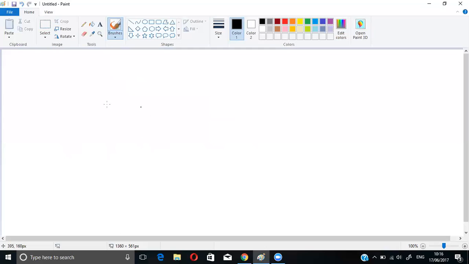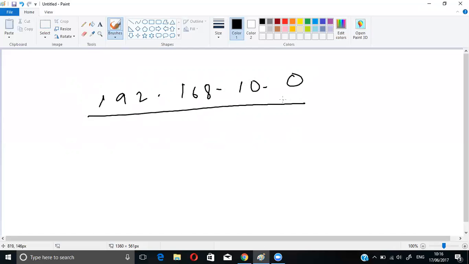Now if I ask you 192.168.10.0, what is this? This is the network address. What address? Network address. Any problem?